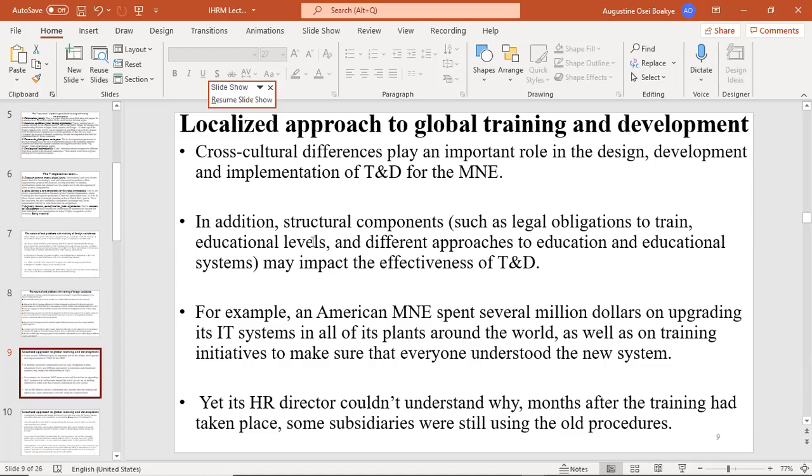So they had spent huge sums of money to upgrade their IT system and also educate the global workforce on the need for this new IT system. But having spent all this money, some subsidiaries were still not complying. And what could be accounting for these differences in the compliance?